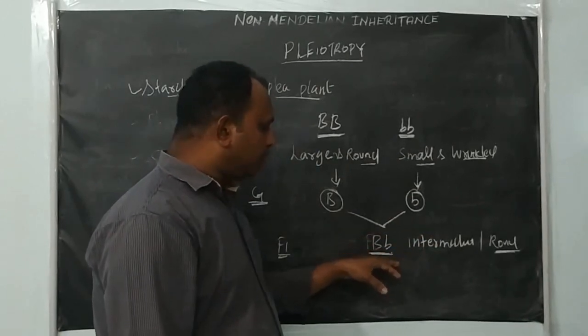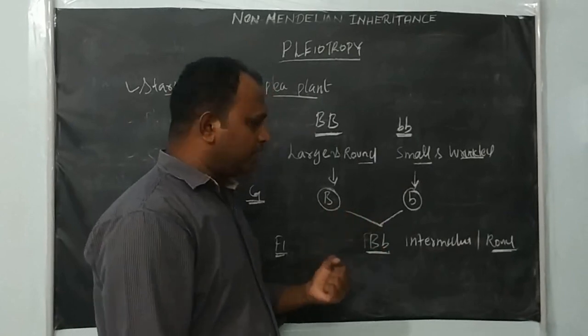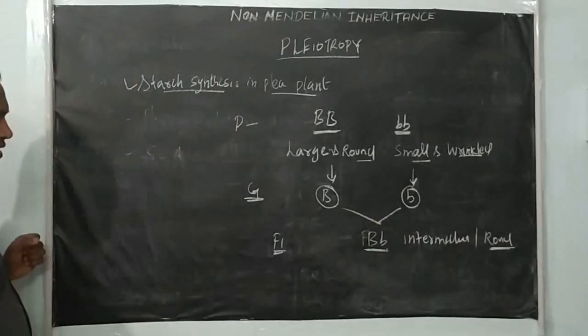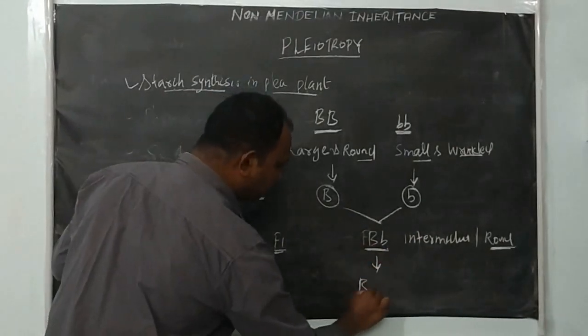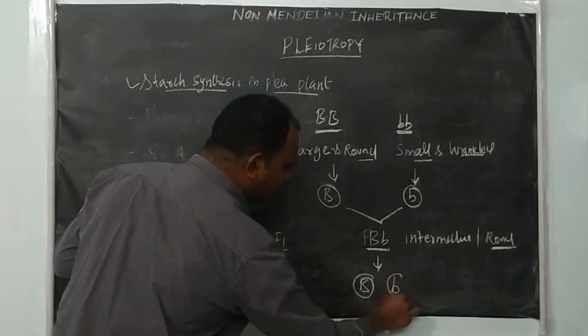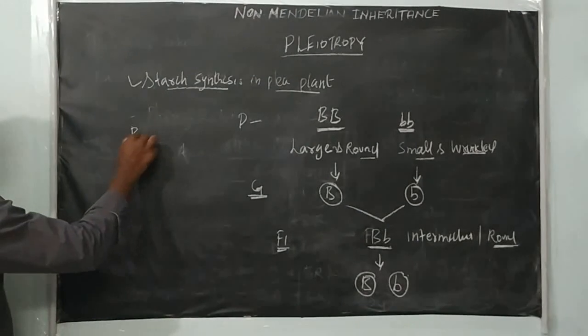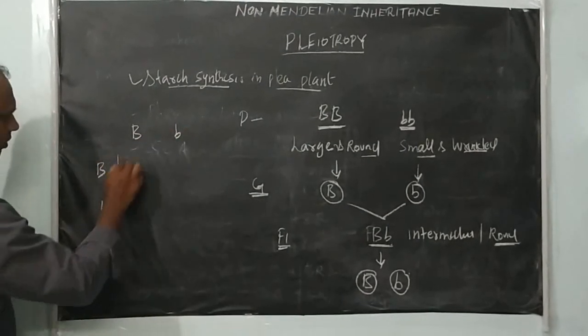Because of that phenotypic change, the size of the seeds looks intermediate, and it produces round also. Okay, we will see in the F2 generation how it will turn out. This F1 hybrid produces two types of gametes, capital B and small b. We put them here. Here you can see capital B, small b, capital B, small b.